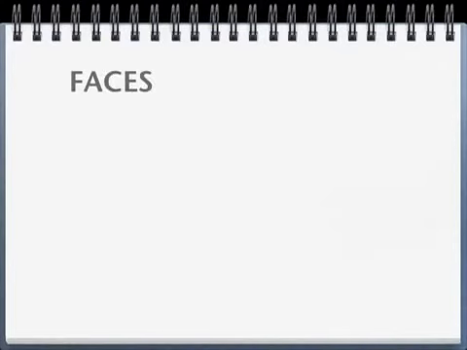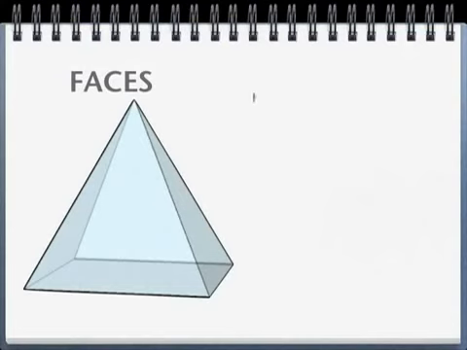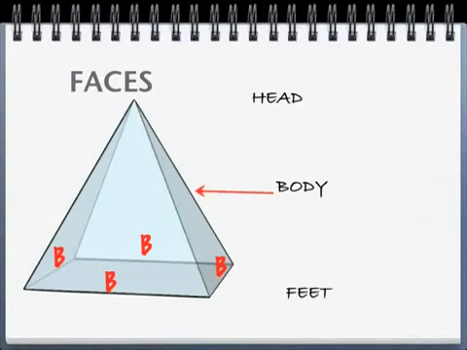Okay, let's move on to the faces of a pyramid. Same thing. It has no head. So 0, where did the head go? It has a body though. So let's look at, again, this is a square pyramid. So if the base is square, there are 4 sides to a square, and this one has 4 body sides.